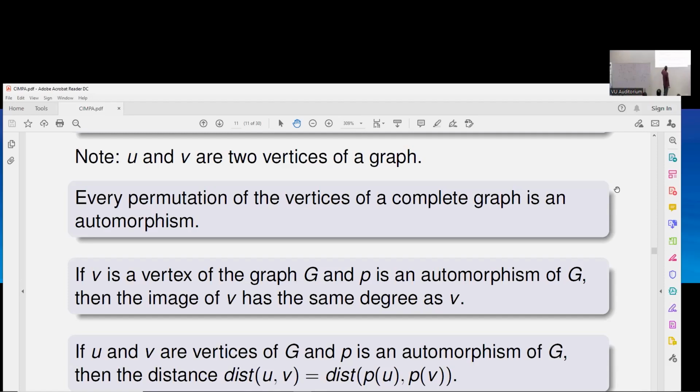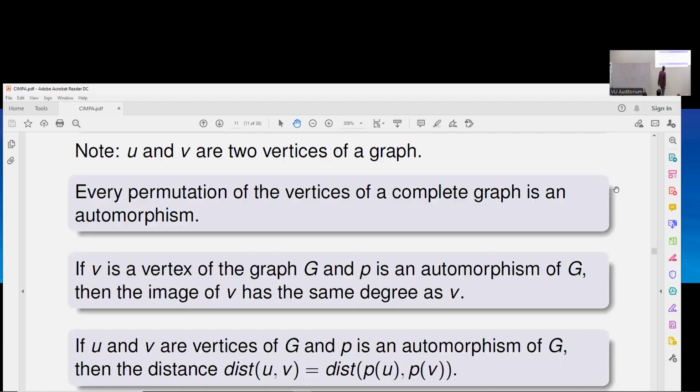If u and v are vertices and P is an automorphism, then the distance between u and v will be the same as the distance in the new graph, right? Because this property is quite simple. It also preserves distances. So automorphism will again preserve distances.